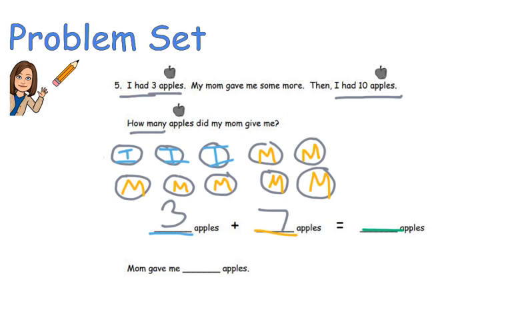And we have how many in total? 10. Oops. Oh my goodness. There we go. 10. All right, so this says, Mom gave me blank apples. So how many did the mom give again? 7.